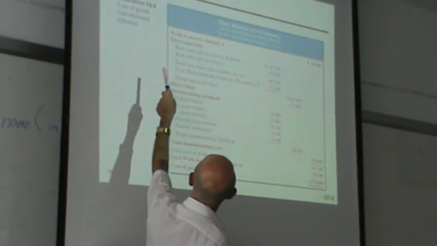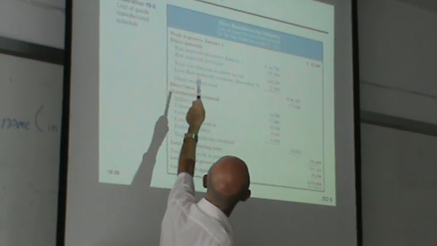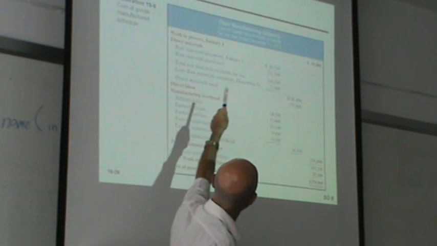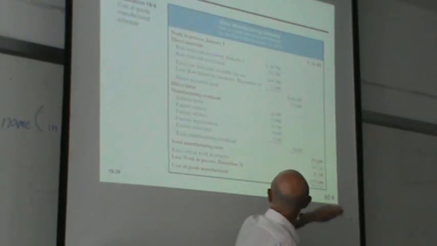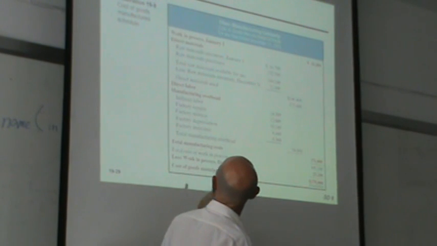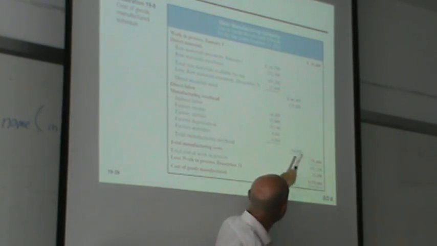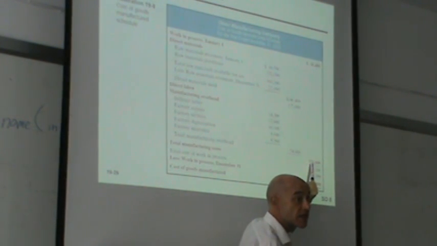So, now you see what else we got. We got work in process on January 1. On January 1, you have a work in process of 18,000. That's what you have at the very beginning. And then you also have total manufacturing cost, 376.